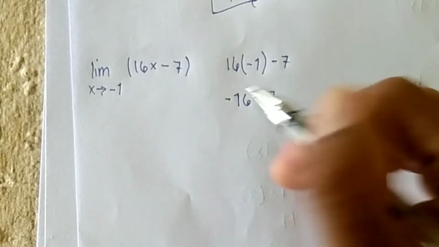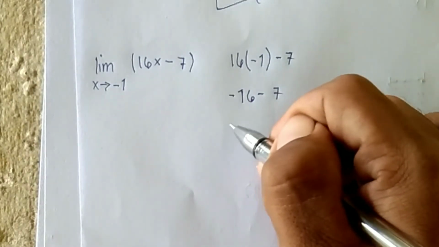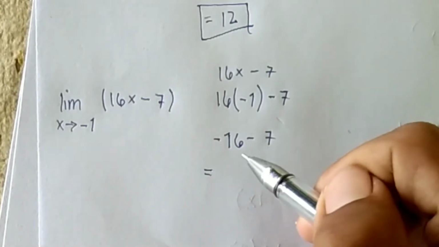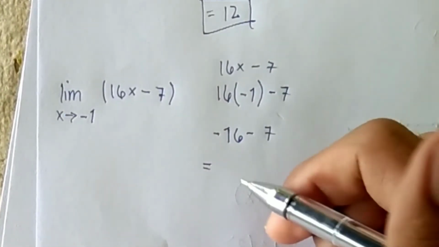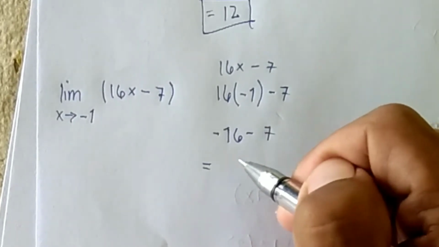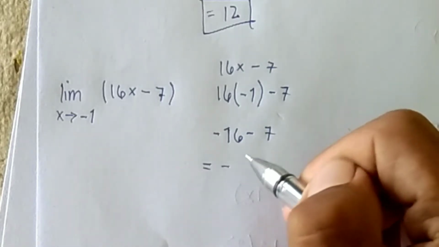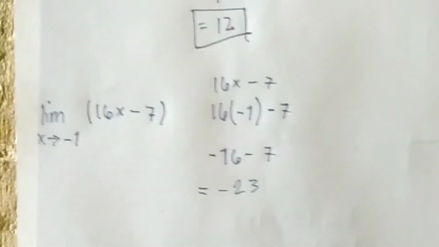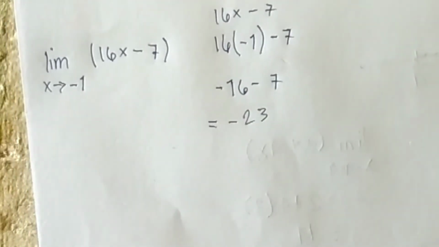And then, negative 16 minus 7 is equal to, since yung ating 16 at 7 ay parehong negative, ang gagawin natin is mag-add tayo. Kaya magiging negative 23 siya. Okay, so let's proceed to other example.